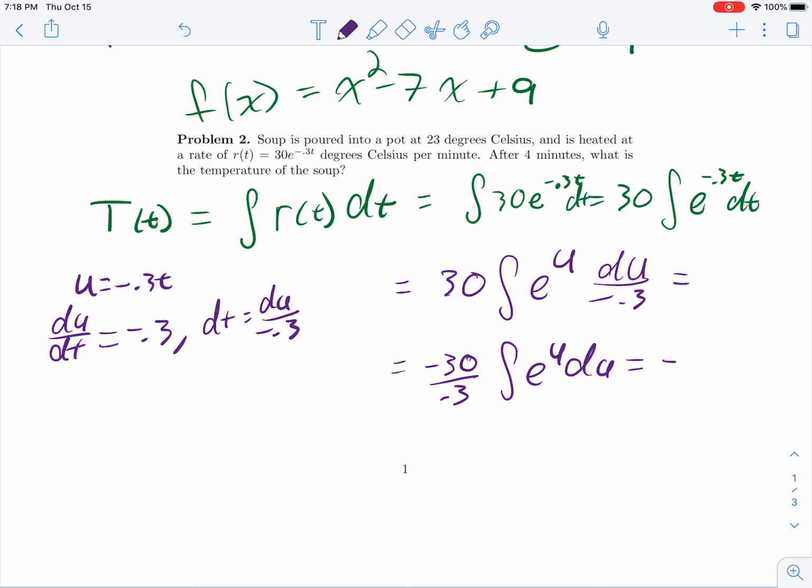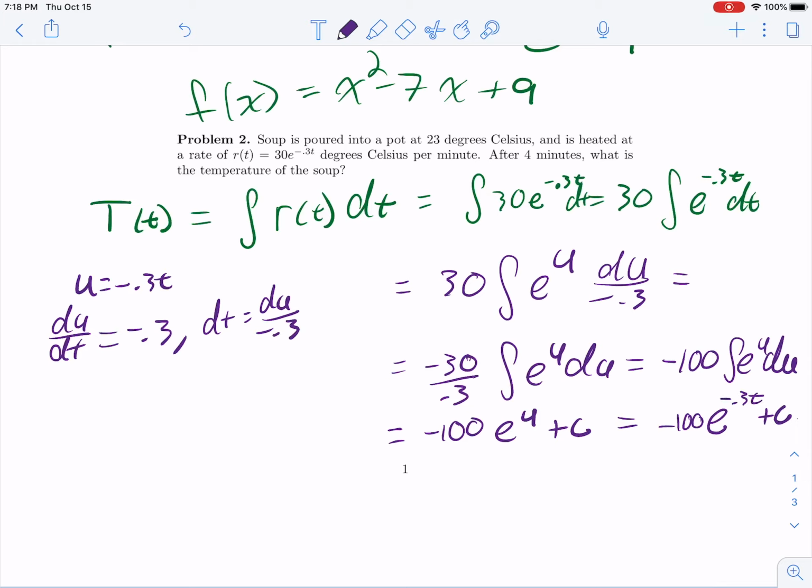This is negative 100 times the integral of e to the u du, which is equal to negative 100 e to the u plus c, which is equal to negative 100 e to the negative 0.3t plus c.